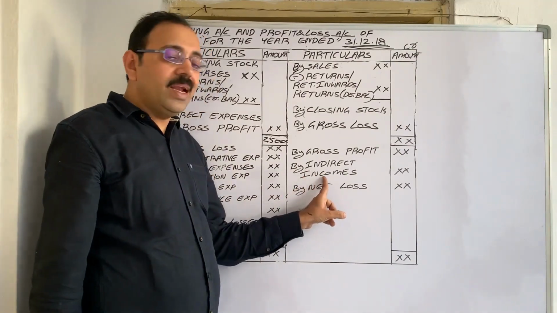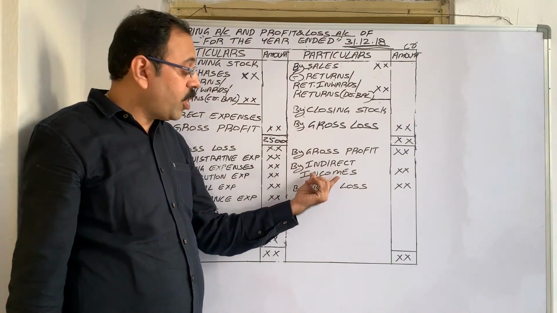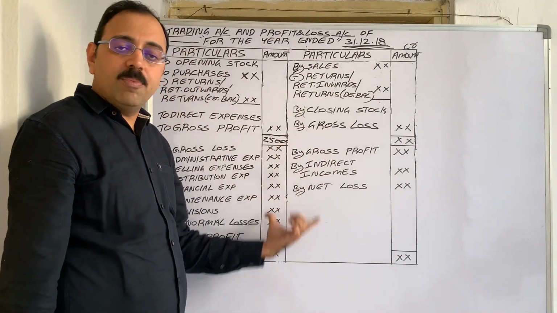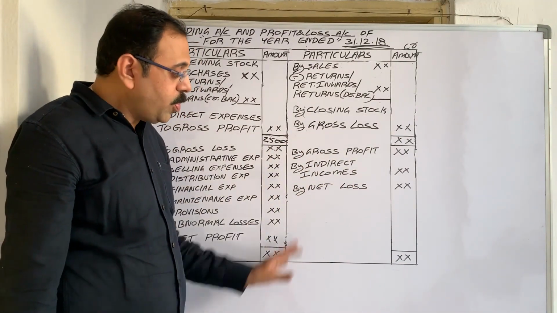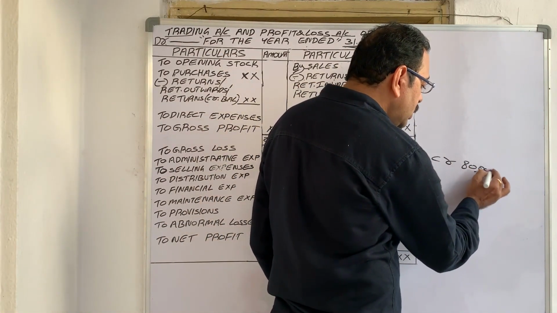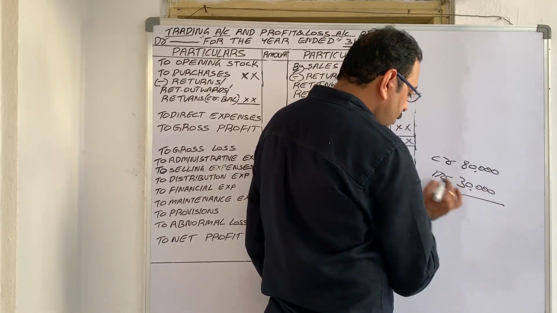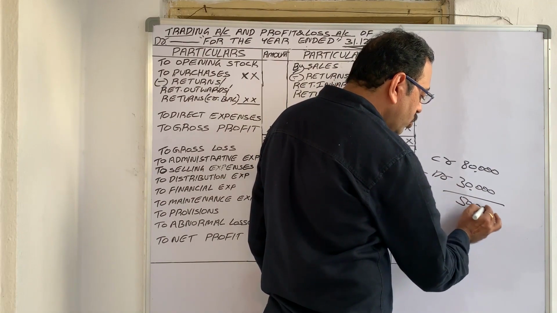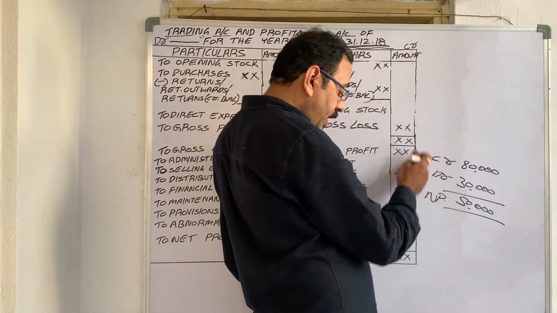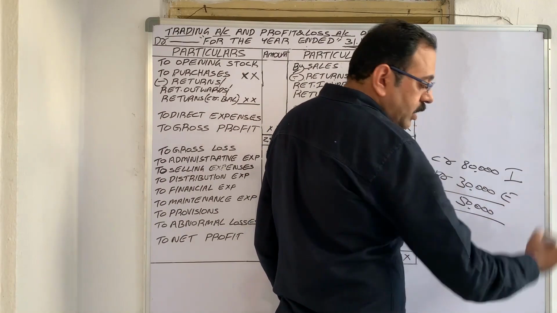Similarly, if there is any indirect income in trial balance, then you have to credit that indirect income in profit and loss account. After recording all these amounts, we have to balance profit and loss account. Suppose credit total is 80,000 rupees and debit total is 30,000 rupees. Then the difference 50,000 is net profit, because credit side we wrote incomes, debit side we wrote expenses.